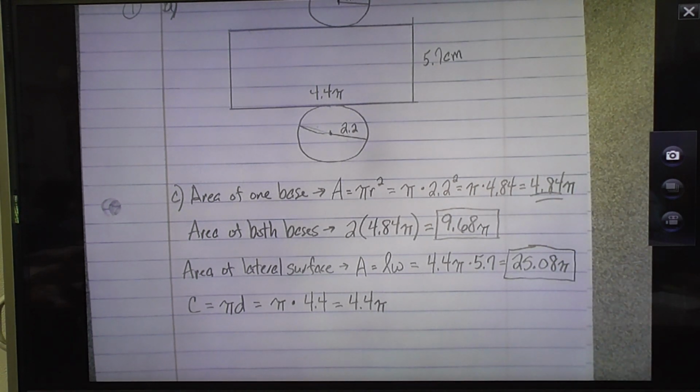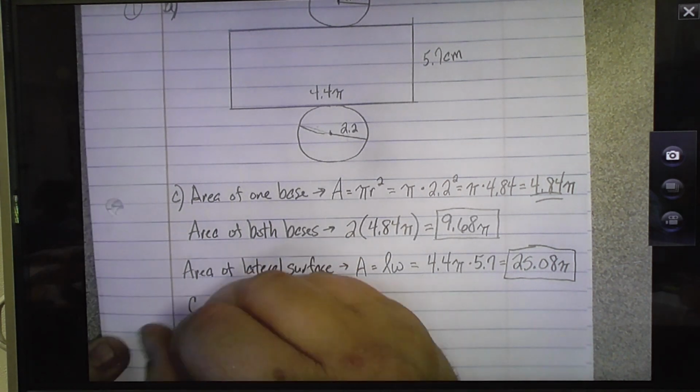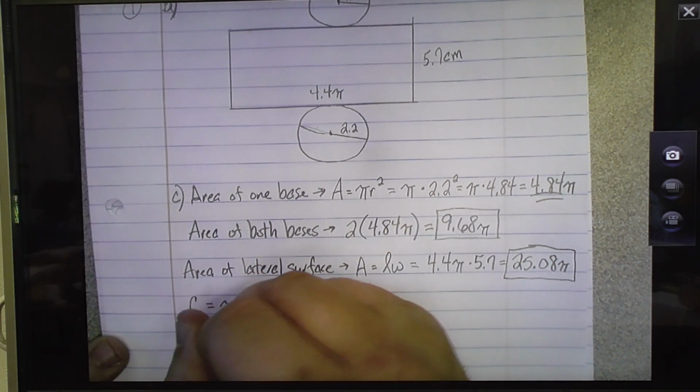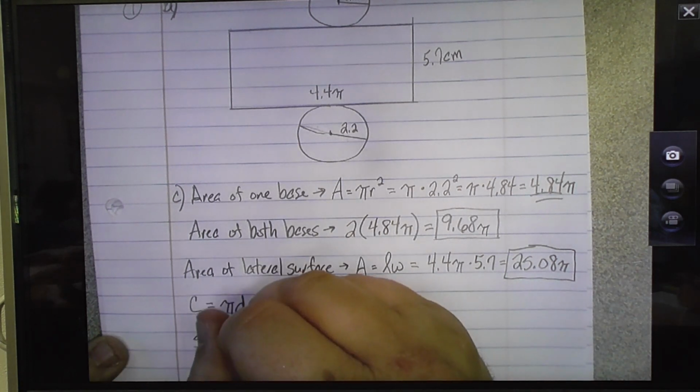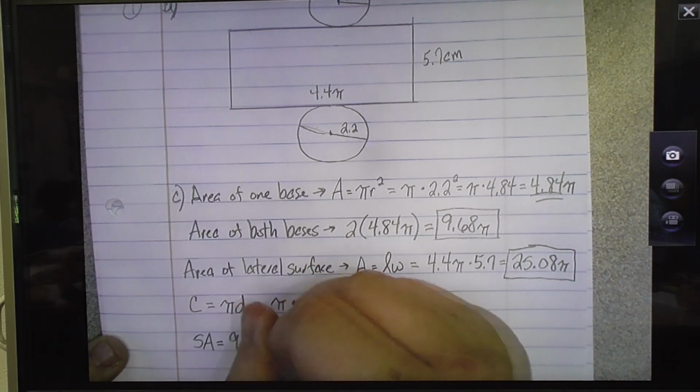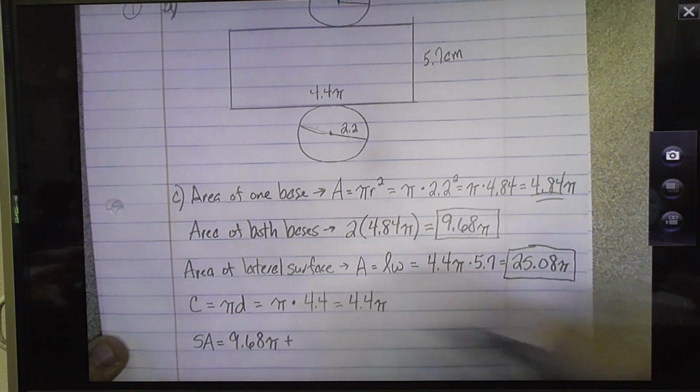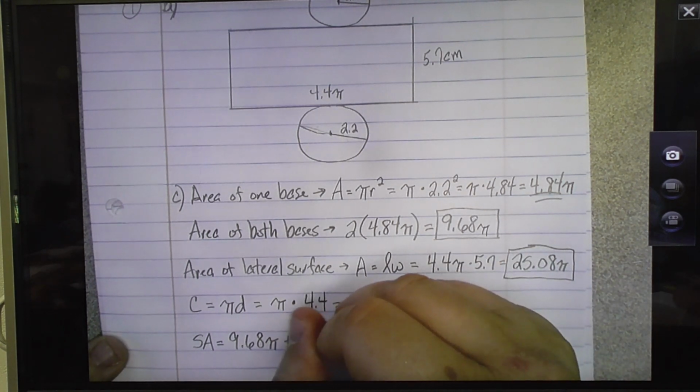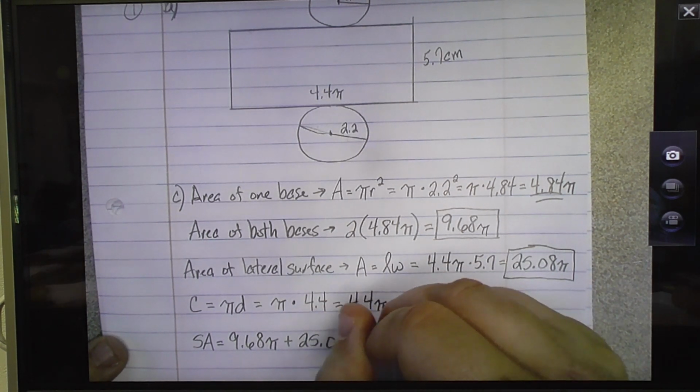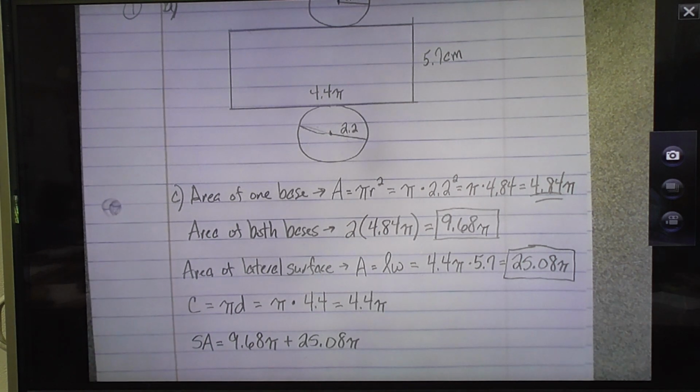So now the only thing I have to do to find my surface area is put them both together, right? Yes. So my surface area is going to be equal to 9.68 pi plus 25.08 pi. Now some people are going to ask me, can I add those two together? Do I have like terms? Because you told me I can only add x's with x's and y's with y's, right?